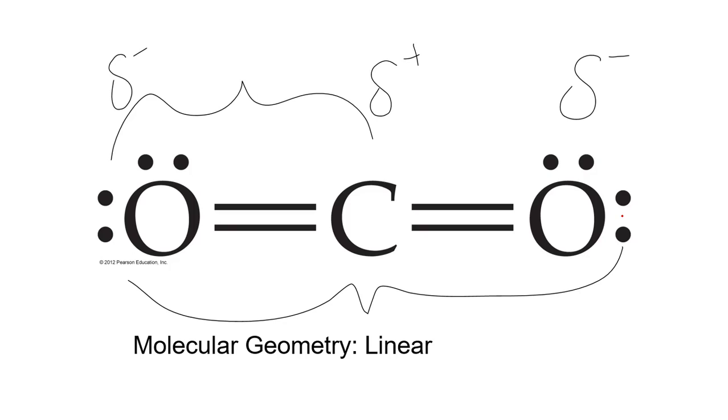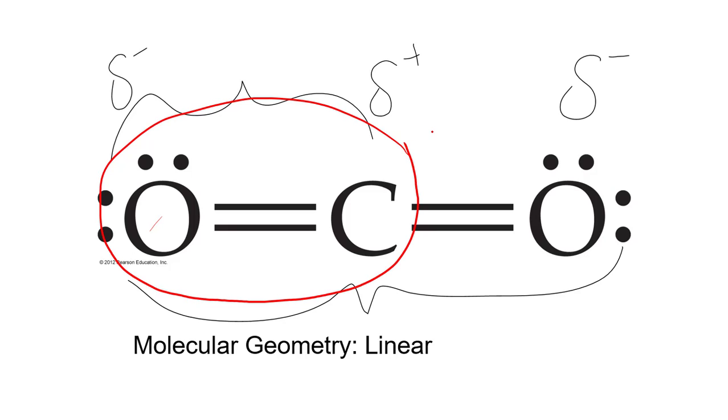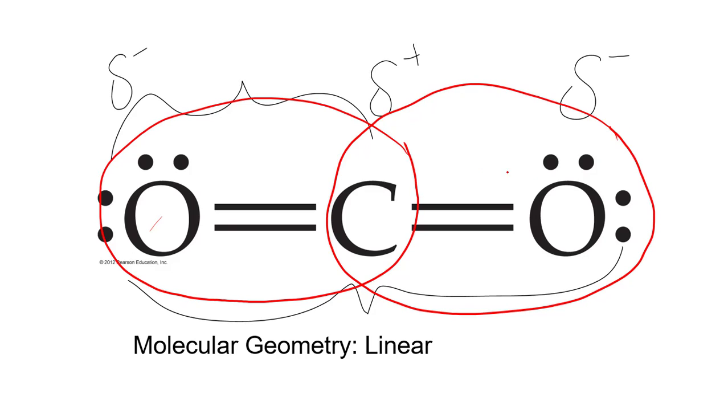And so the big question here is, is this polar? Well, we have polar bonds and we have polar molecules, and there is a difference because this compound has polar bonds. Meaning, is there a polarity difference between this carbon and this oxygen? Absolutely. Same can be said for this one. There's a big difference between this carbon and this oxygen. Negative, positive, negative.